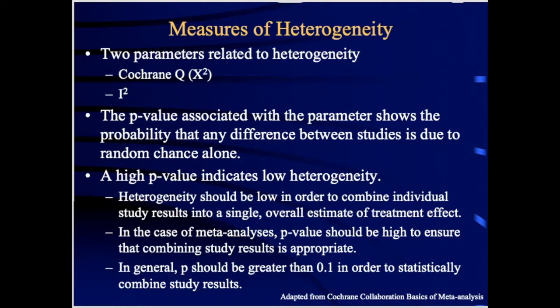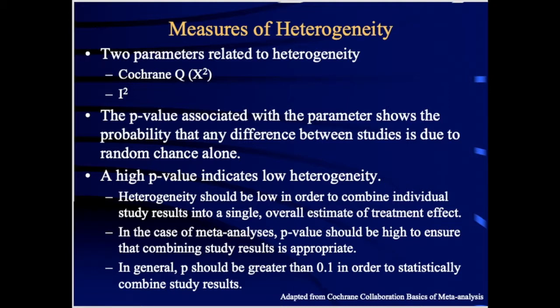So there are two parameters that we can look at to assess statistical heterogeneity: the Cochrane Q, or the chi-squared, and the I-squared parameter. The p-value with both of these shows the probability that any difference between the studies is due to random chance alone. We want to see a high p-value. This indicates low heterogeneity.